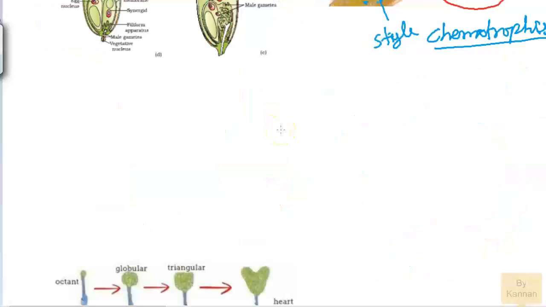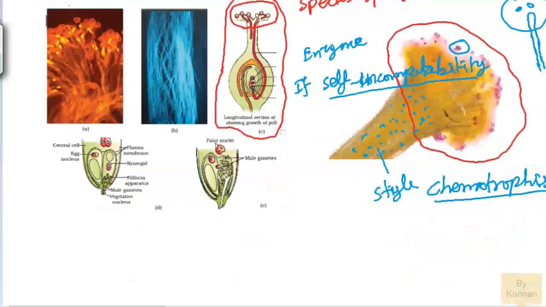The next thing: how does it reach the egg cells? As we already discussed, the tube cell is growing, then the generative cells move into the tube cell, and they keep moving continuously until the tube cell reaches the embryo sac. As we discussed before, in some plants there are two generative cells, in some plants only one.